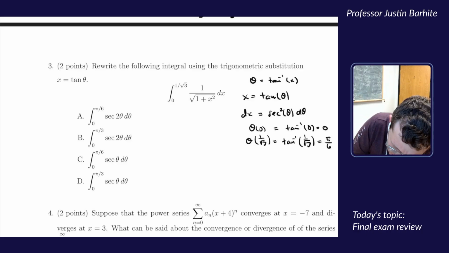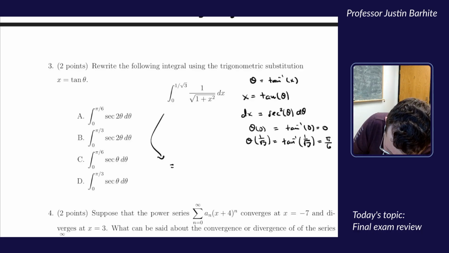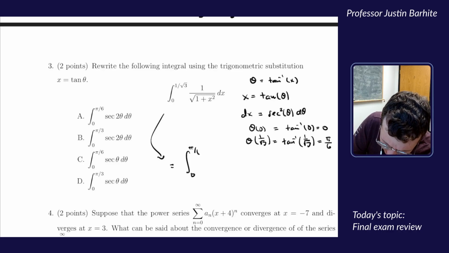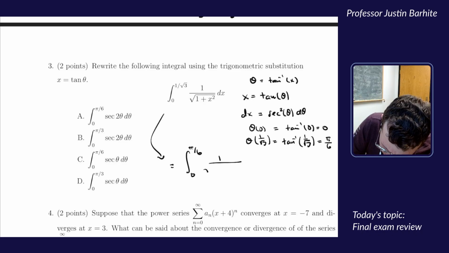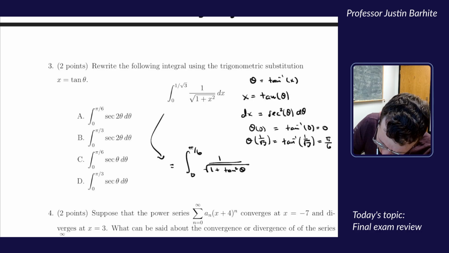Okay, so the integral is the integral from 0 to pi over 6 of 1 over 1 plus tangent squared theta times dx, which is secant squared theta d theta.